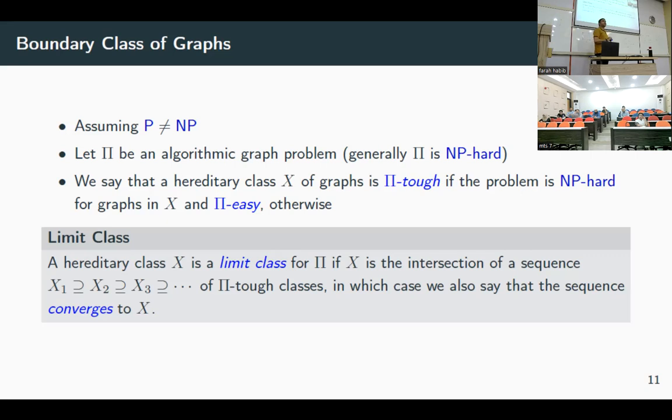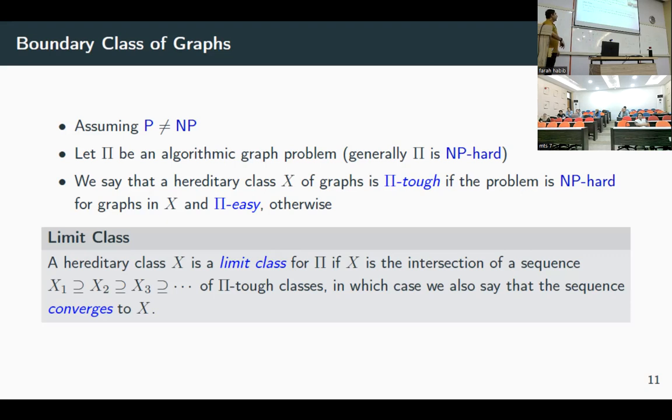It's a very simple definition. If I have a hereditary class of graphs X, then we say that an algorithmic problem is Pi-tough if it is NP-hard for those graphs and Pi-easy otherwise.